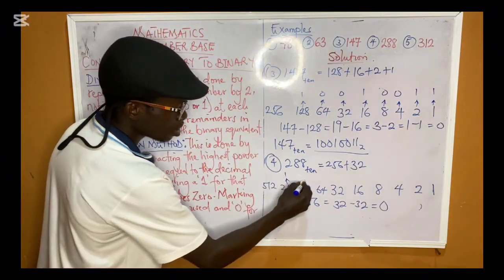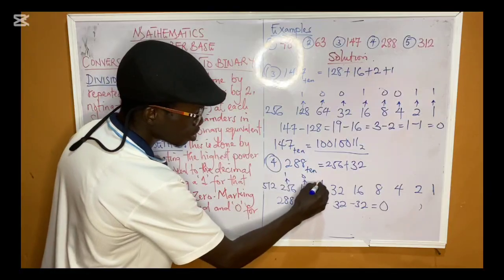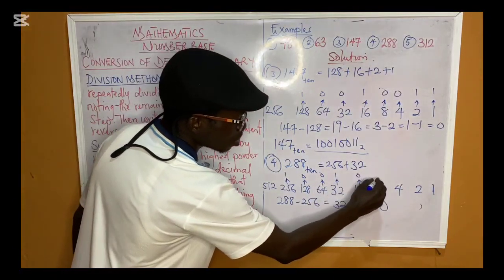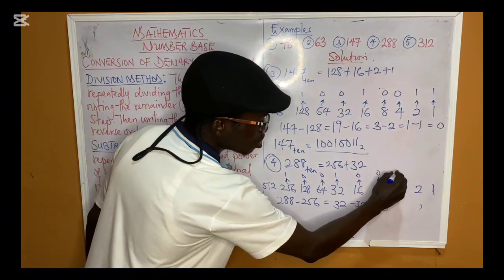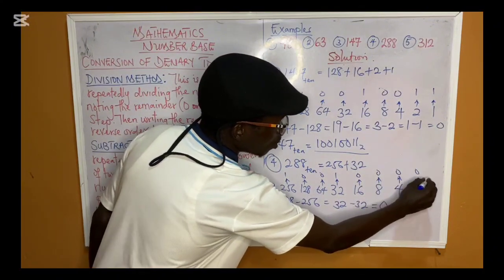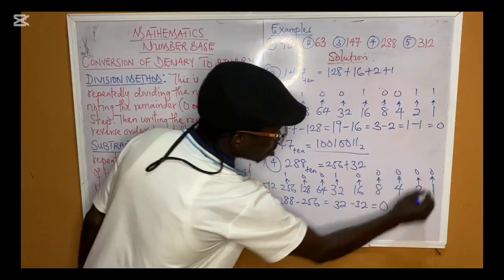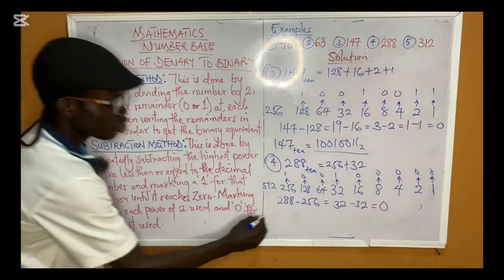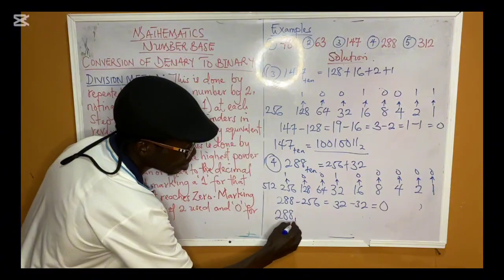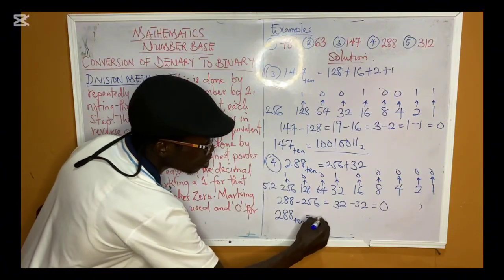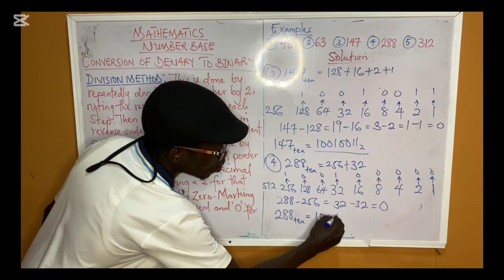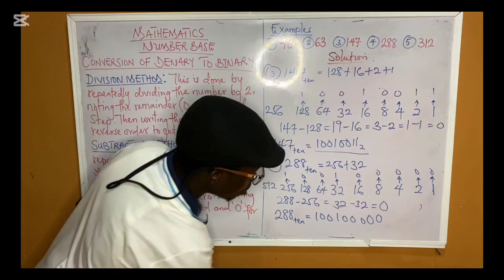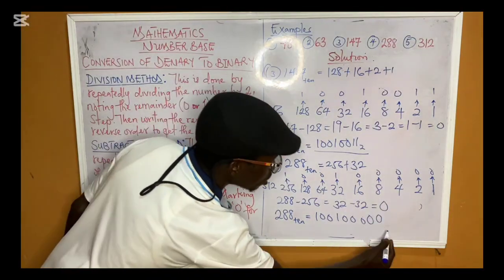We write 1, 0, 0, 1, 0, 0, 0, 0, and 0. Fantastic. You can see that 288 base 10 is equivalent to 100100000 base 2.